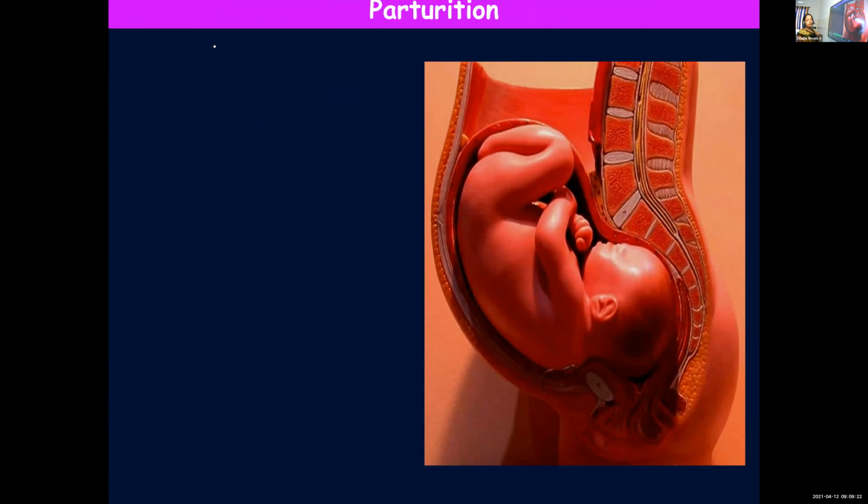Next is parturition. It's a very important topic, and the neuroendocrine mechanism that helps in the delivery of the baby is an important question asked from this part. The process of giving birth to young ones is known as parturition.